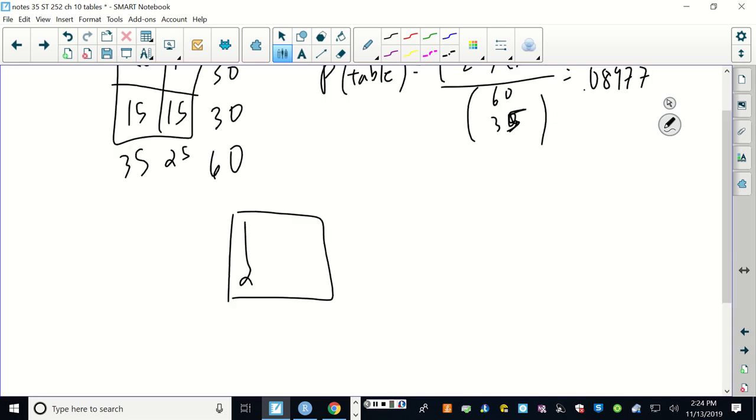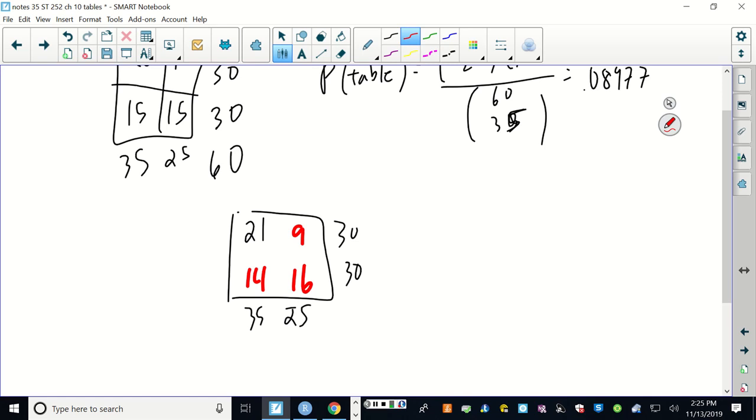What if you had 21 up there instead of 20? If the margins are fixed, 30, 30, 35, 25, then you can fill in the rest of the table. This has to be 9, this has to be 14, and this has to be 16.